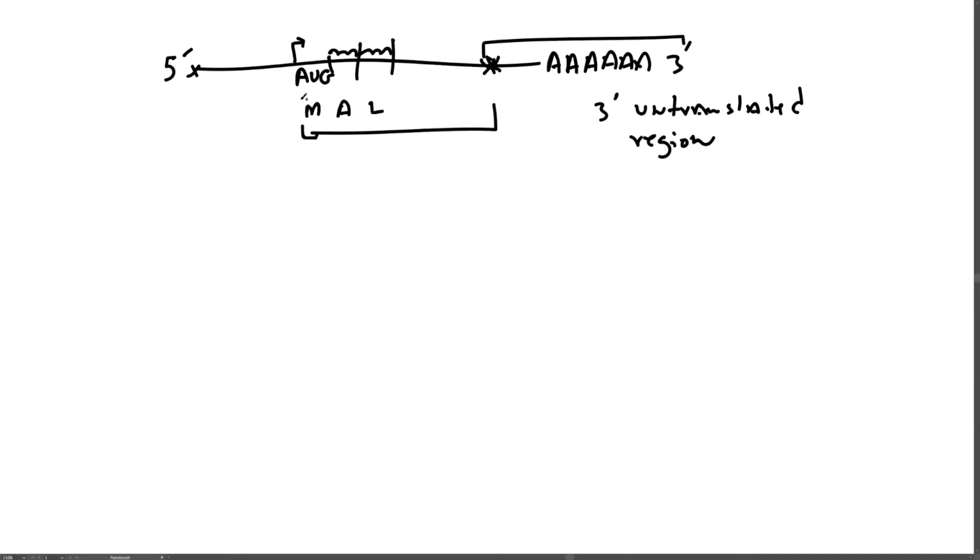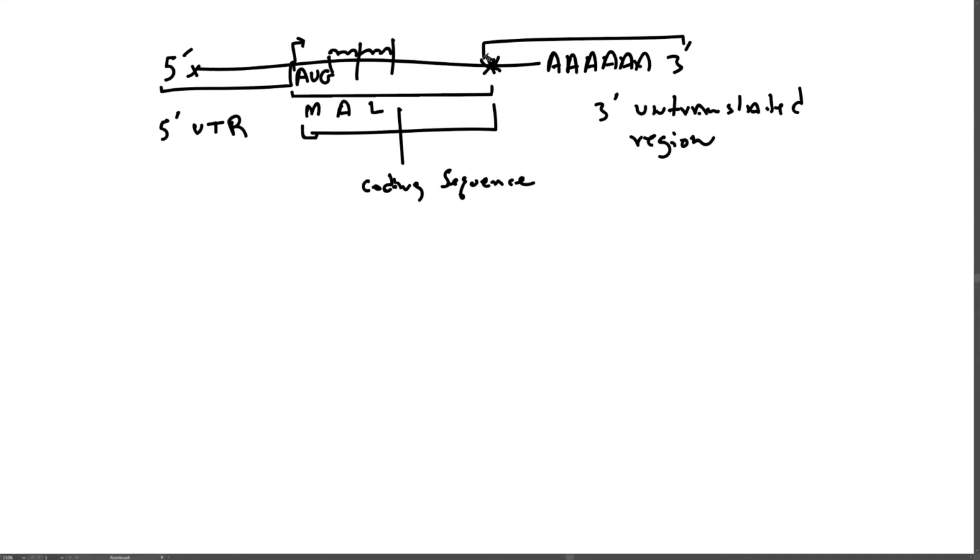The part that encodes the amino acids is called the coding sequence. And the part that is 5' to this AUG in this direction is the 5' untranslated region.